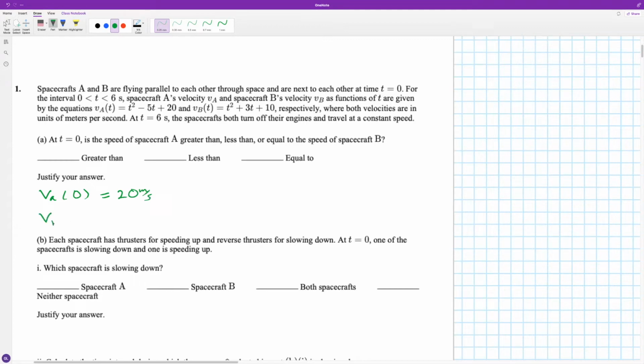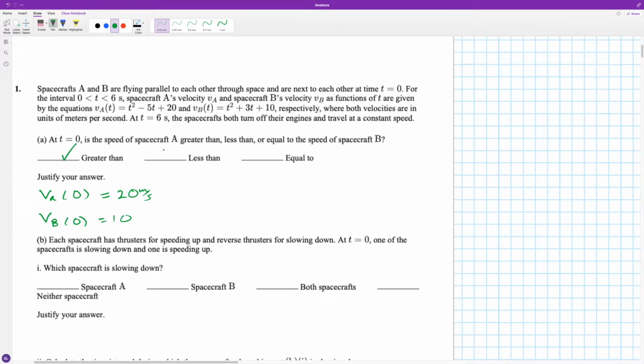And the velocity of B is going to be, we do the same thing, 0 squared is 0 plus 3 times 0, 0, then that gives us a total of 10. So it appears to me that the velocity of A is greater than that of B at this time.